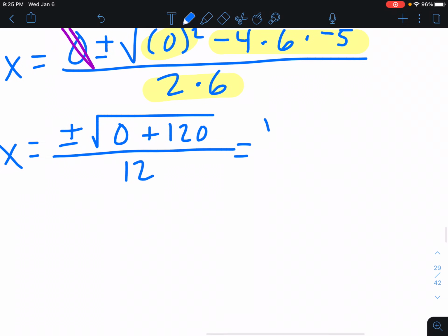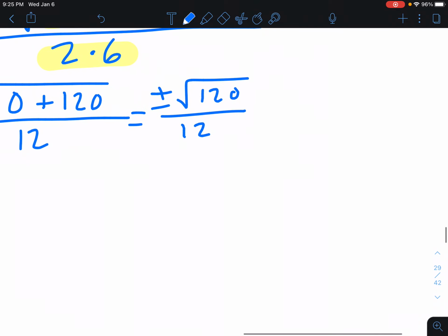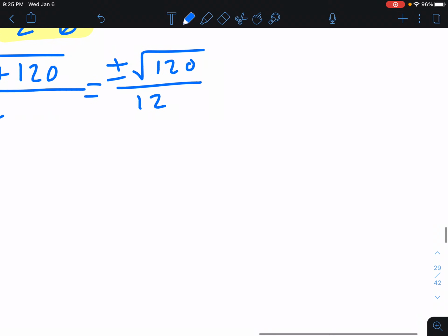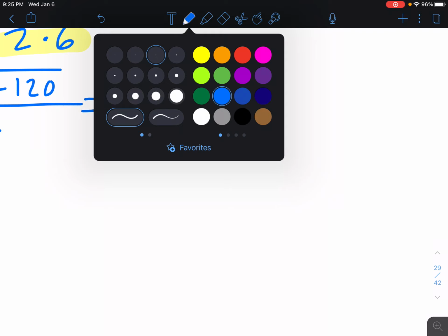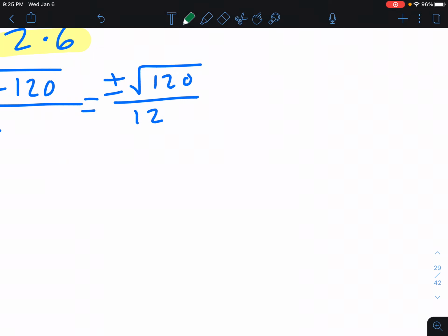Now we're going to add in our radical to get the square root of 120. And we've got to try to simplify this radical. Is there a perfect square that multiplies into 120 evenly without a decimal?